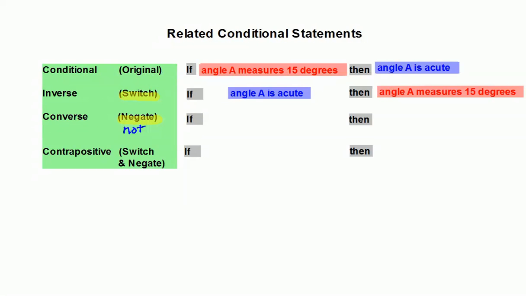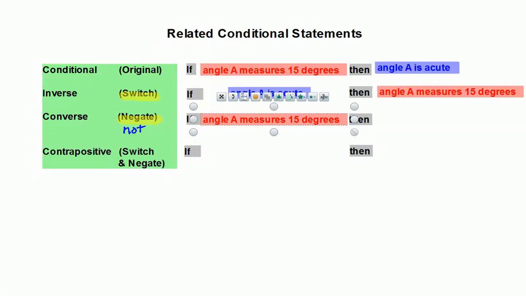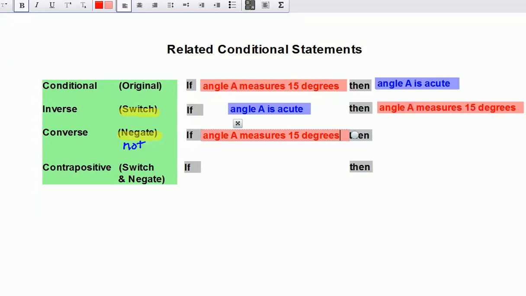I'm going to take the hypothesis, angle A measures 15 degrees, and change it by putting in the word not. So if angle A measures 15 degrees, now it's going to say if angle A does not measure 15 degrees.